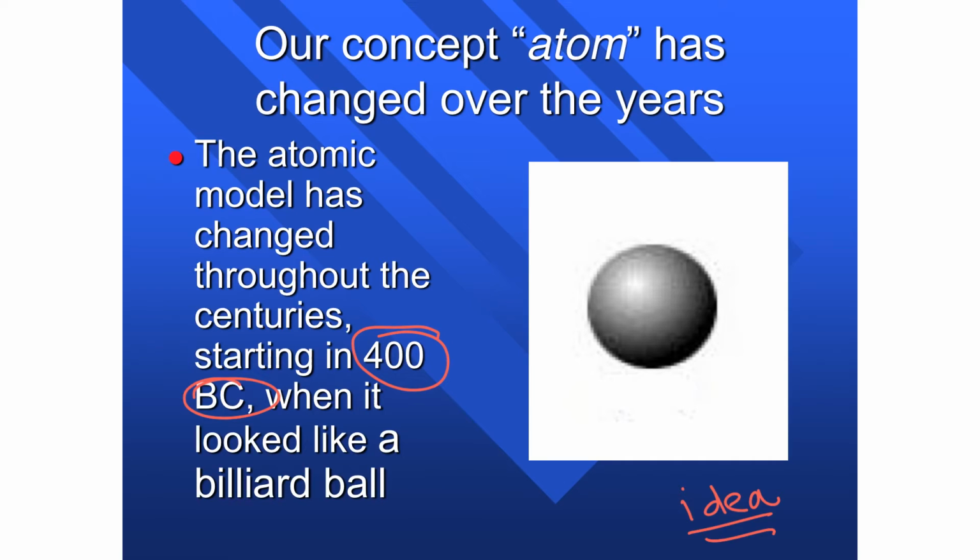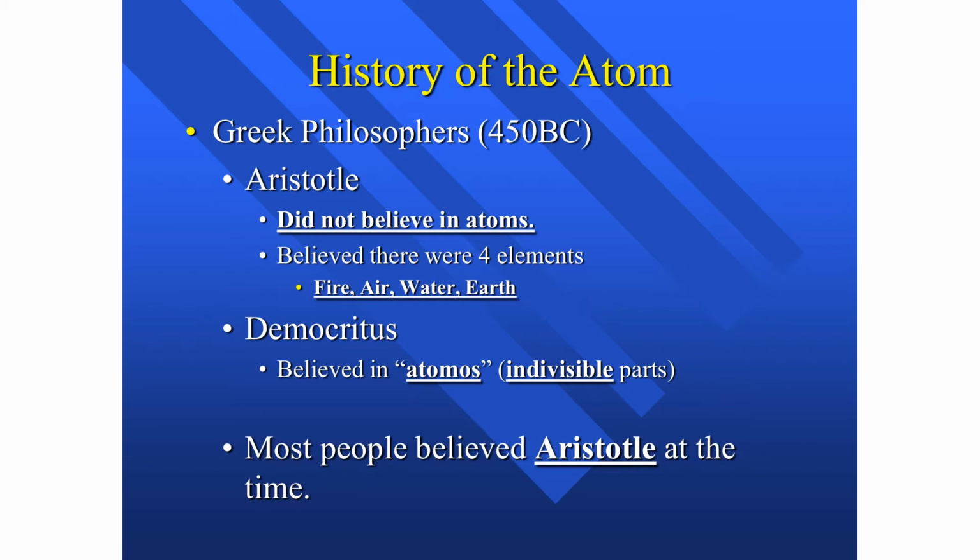You maybe have heard of Aristotle. Aristotle was a very famous Greek philosopher. You probably have not heard of a Greek philosopher named Democritus. Aristotle was way more popular and famous than Democritus, who was a peer of his. But it turns out about this idea about atoms, Aristotle was wrong.